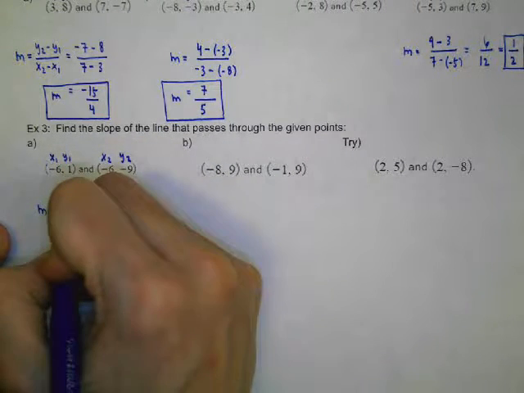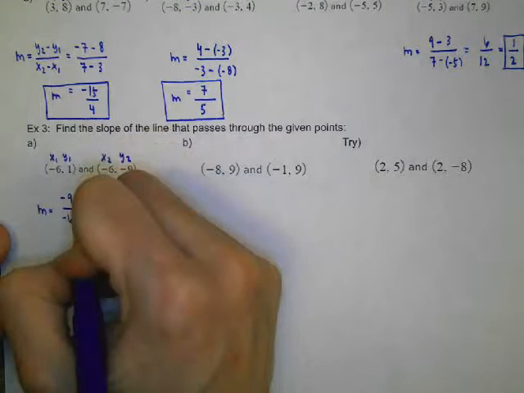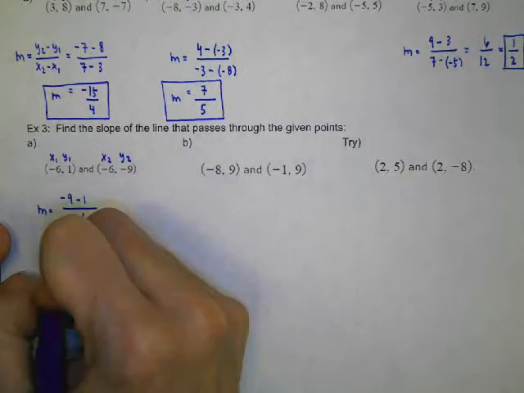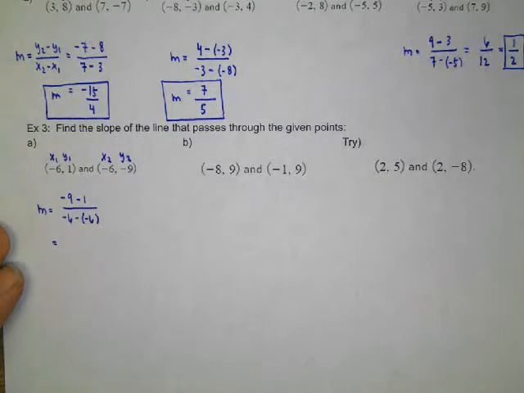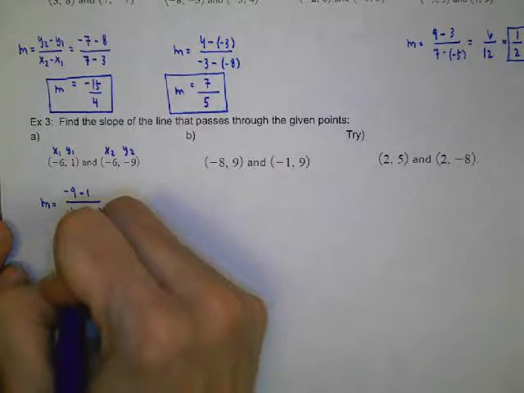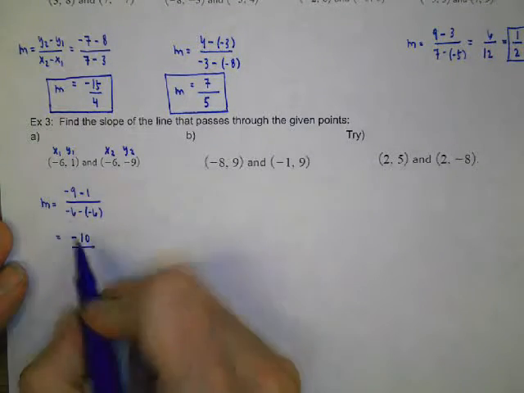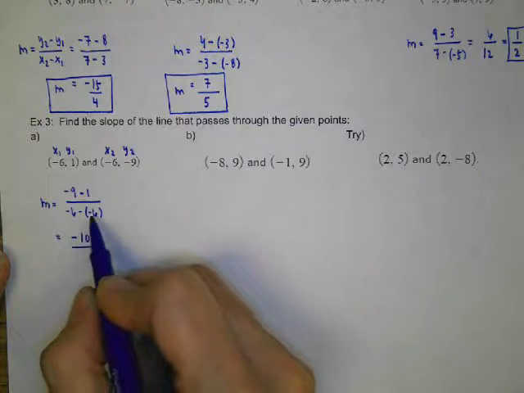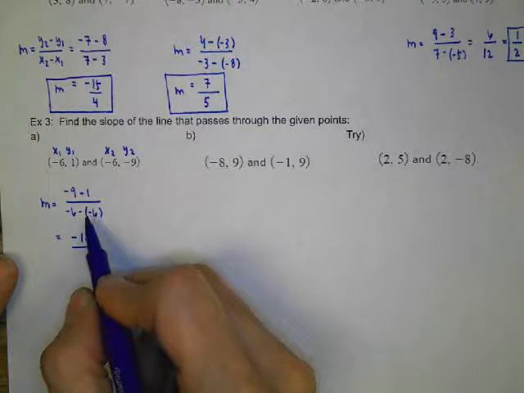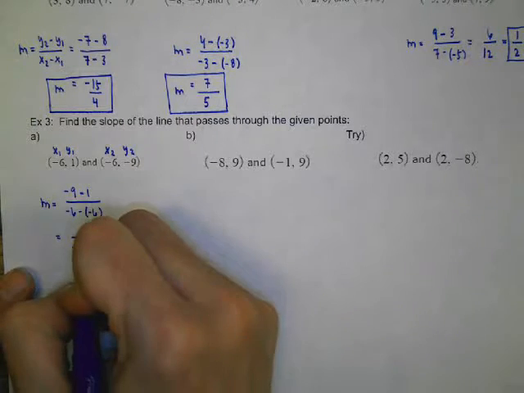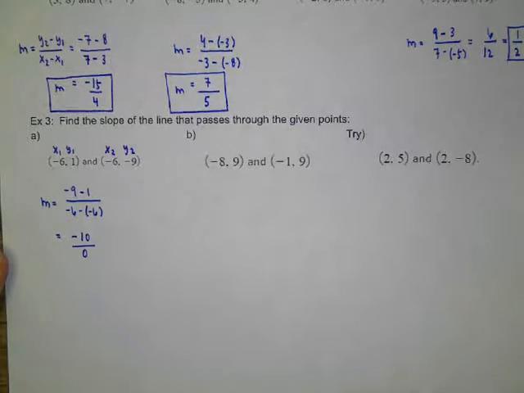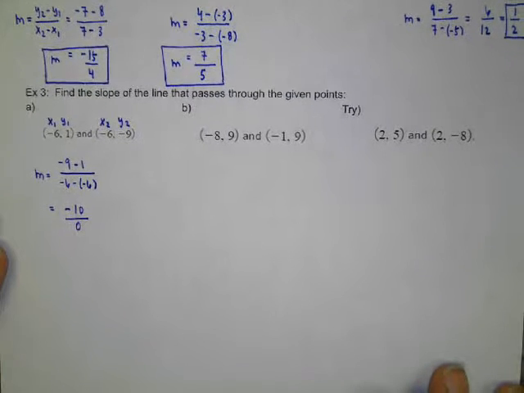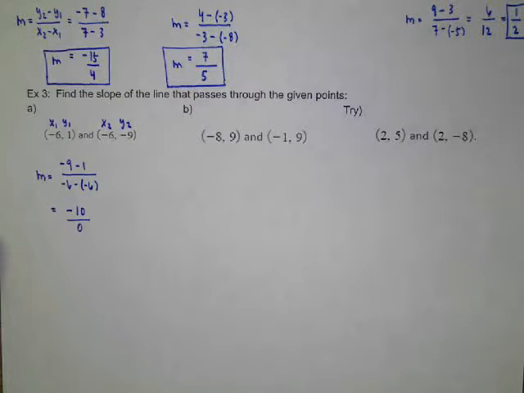Now on the bottom, x2 is -6 minus x1 is a -6. Now when I do this, -9 minus 1 is a -10. -6 minus a -6 is the same as -6 plus 6, which if I go to my calculator and do that, I get 0. Now here we have a problem because we are never allowed to divide by 0.